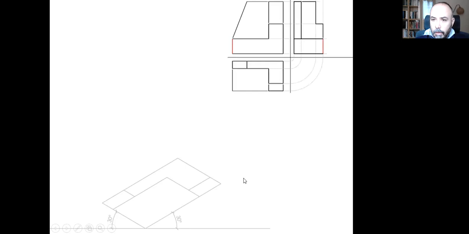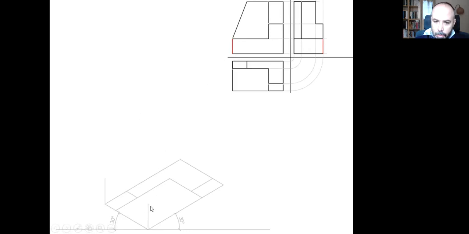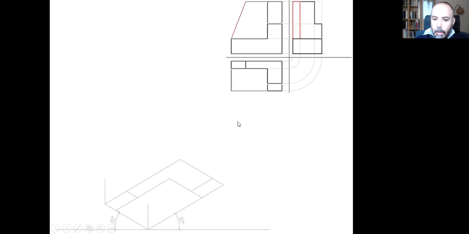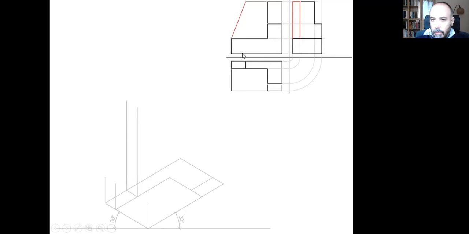After that, you need heights in the second step. So let's start with the height of this surface here. I just use the true size and then I can do the height of this inclined surface there. Here I can get the total height from the left side view or the front view here.